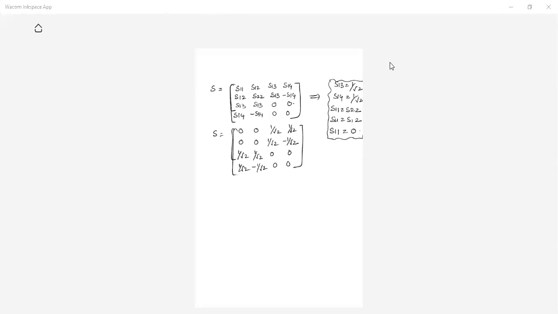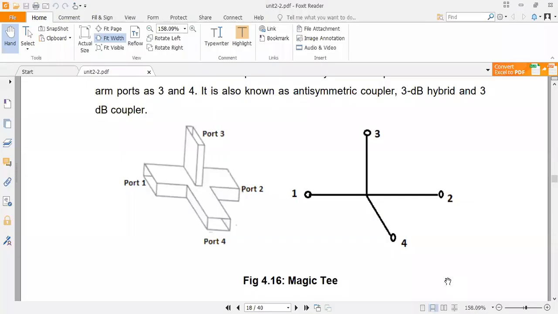A magic T is a 4-port network, a 4-port device. A magic T is basically a hybrid device in which the power is divided equally between output ports. When the input is applied at the H arm, the output ports can exhibit a 180 degrees phase shift when the input is applied at the E arm.